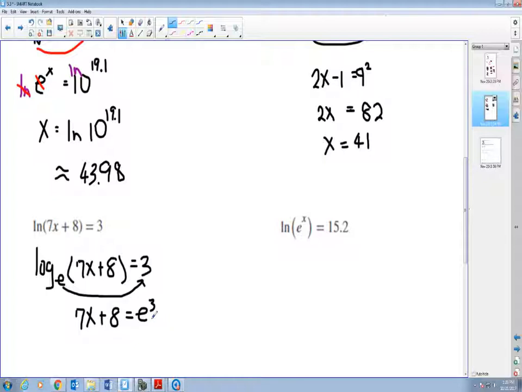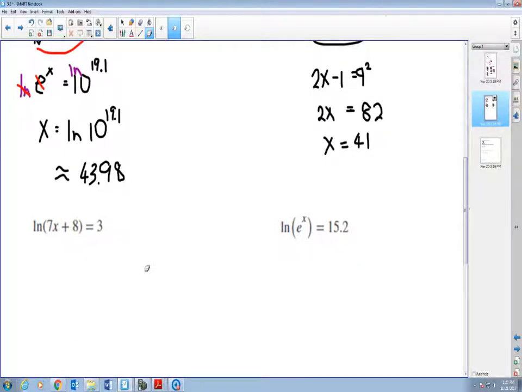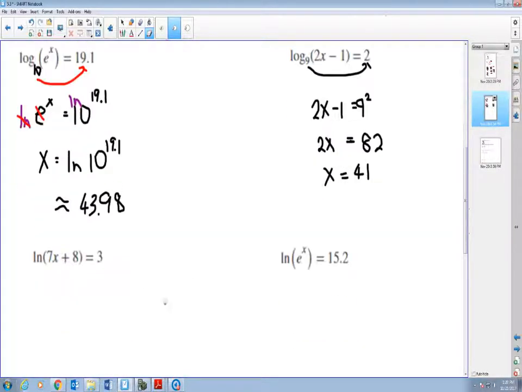Okay, so that being said, another way to do this is basically the opposite direction of the previous one. Since this whole left side is only one term, to get rid of the natural log, what I can do is take e to both sides.